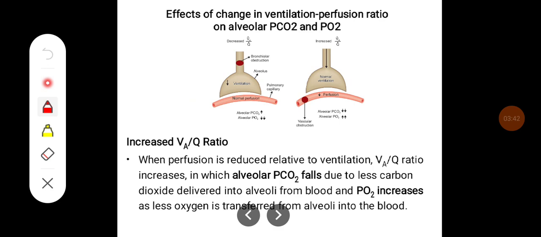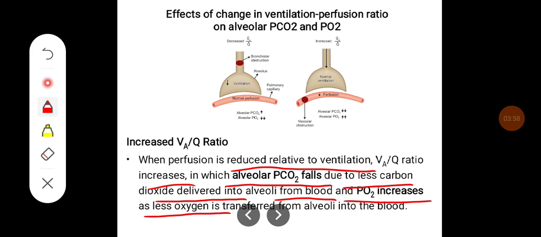Then, when perfusion is reduced relative to ventilation, V/Q ratio increases, in which alveolar PCO2 falls due to less carbon dioxide delivered into the alveoli from the blood, and PO2 increases as less oxygen is transferred from alveoli into the blood.